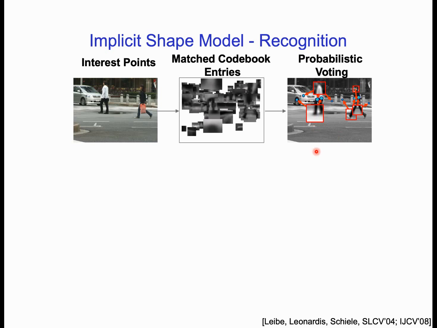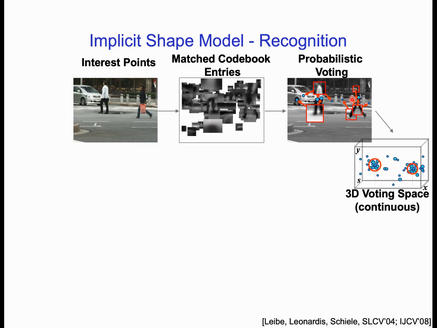If I'm looking to identify human bodies, then these parts of the human bodies will give lots of votes to different areas. And I already see that some parts of the image receive higher votes. So in this 3D voting space, in the continuous case, just like I would in the Hough transform, I find the areas with the highest vote.